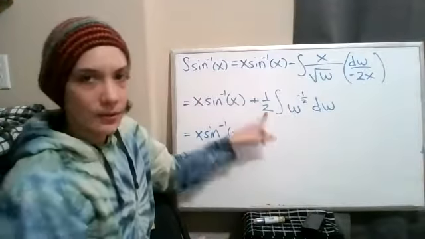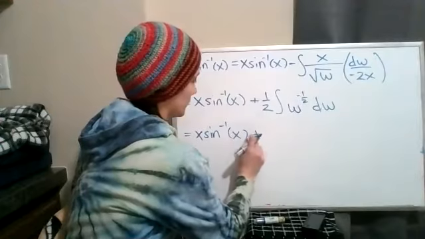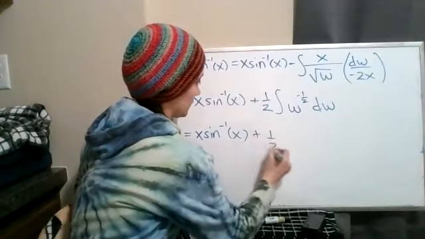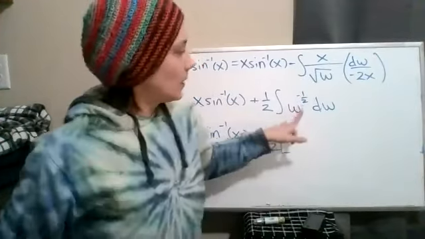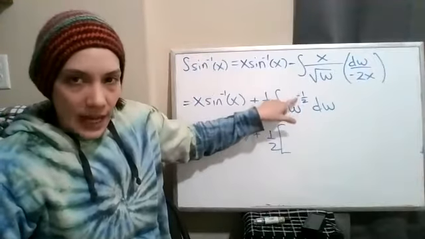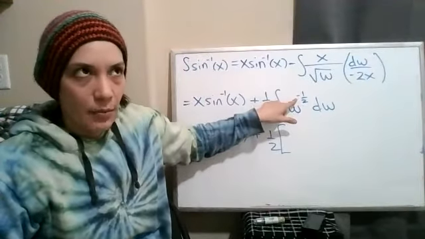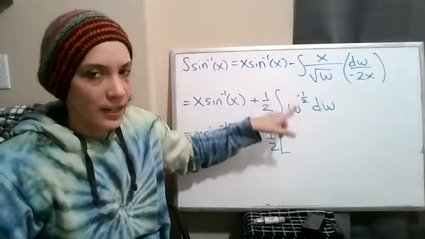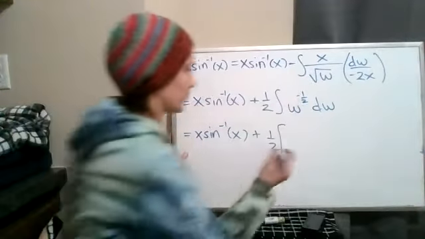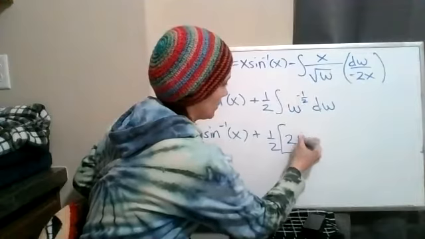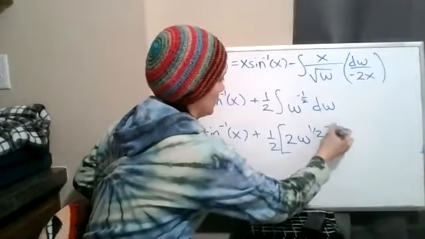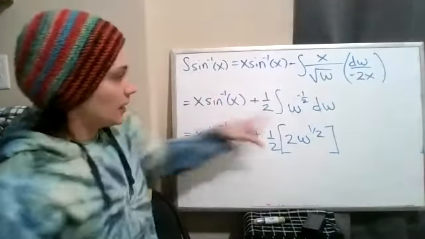Let's work on this integral. We're going to add 1 to get a positive 1/2 power, and then dividing by that 1/2. Make it a 2w to the 1/2. Check this out.